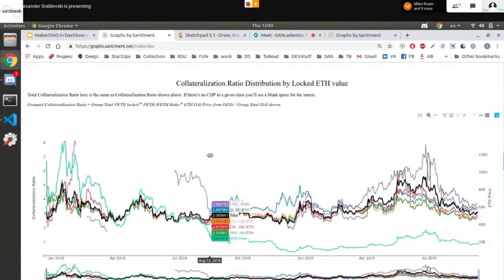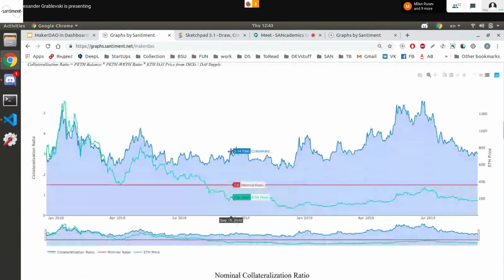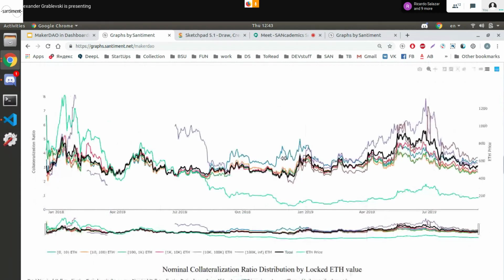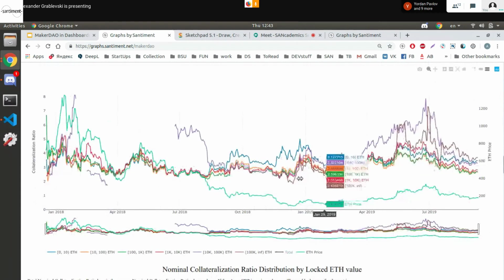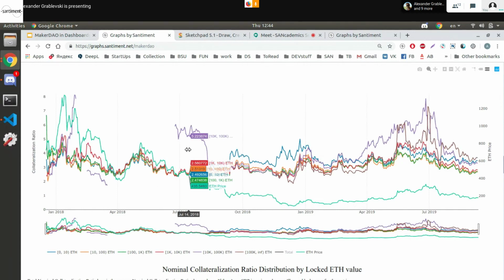The next two graphs are collateralization ratio distributions. They're actually the same graph as before, but again we split every CDP into the group it belongs to. I won't go into this much, but one thing: you see that this purple line breaks here and here.